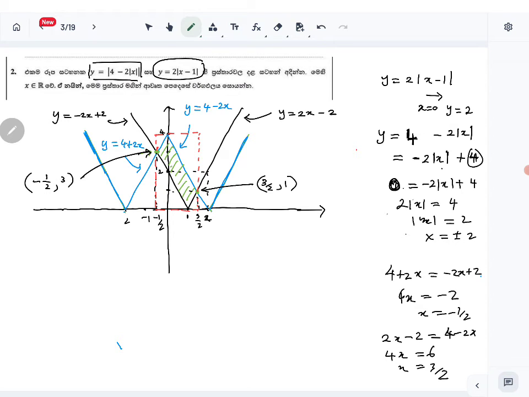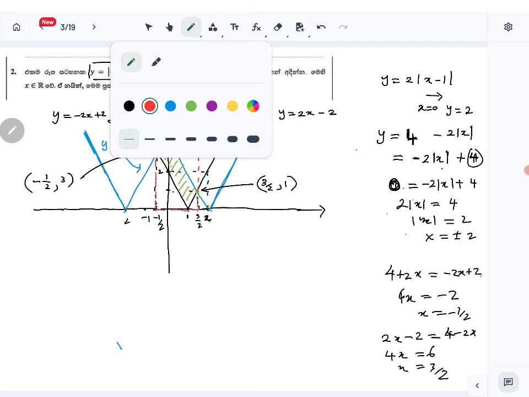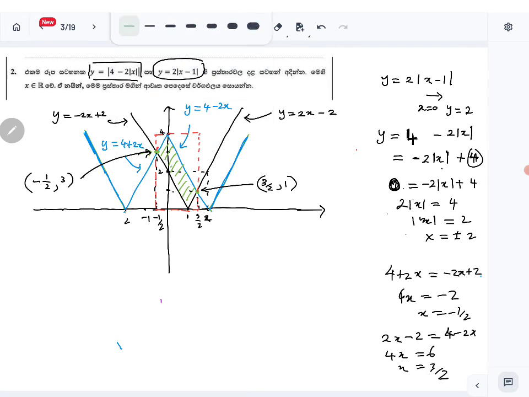So now look, this parallelogram is contained inside that big rectangle, right? That red rectangle. So what I will do is, then I can create 4 right angle triangles.